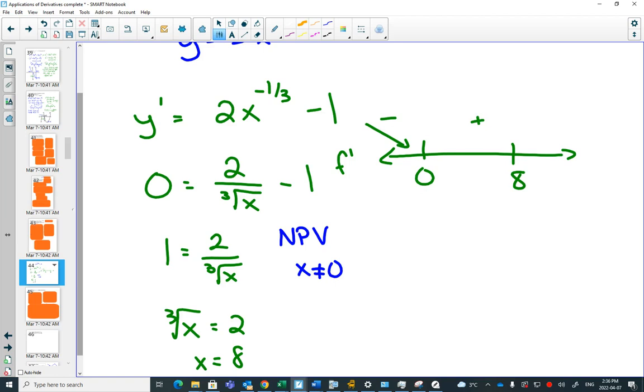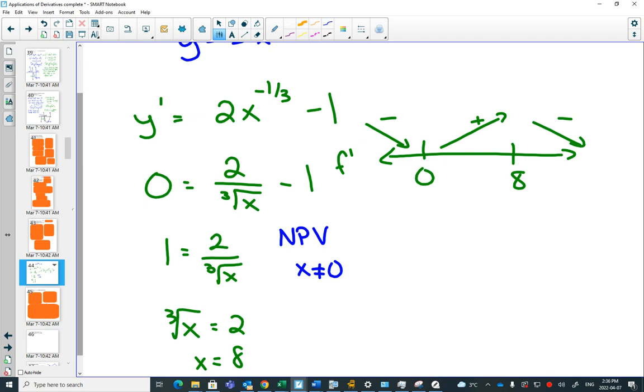This will be positive. So it's changing direction at 0, even though 0 is not a stationary point. A stationary point only happens when the derivative is equal to 0. So it feels a little strange. We'll see what that does to our graph. And then after 8, if you plugged in something like 27, we would get 2/3 minus 1. It will be negative and decreasing again.